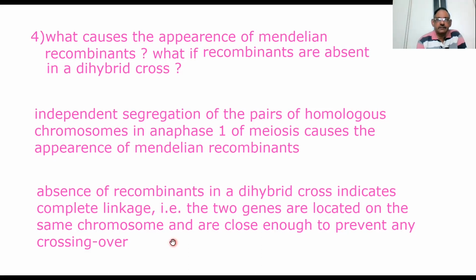So the answer for the second part of the question is that it is possible that there are no recombinants in a dihybrid cross, only parentals appear, due to complete linkage of the two factors, which means the two factors are located on the same chromosome and very closely located, preventing any crossing over possibility.